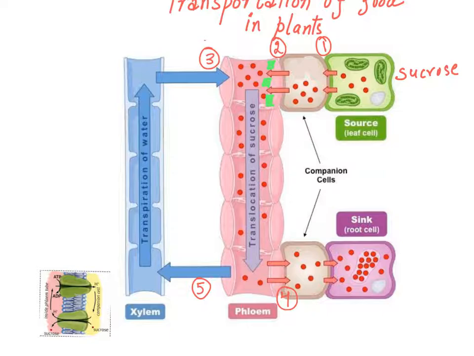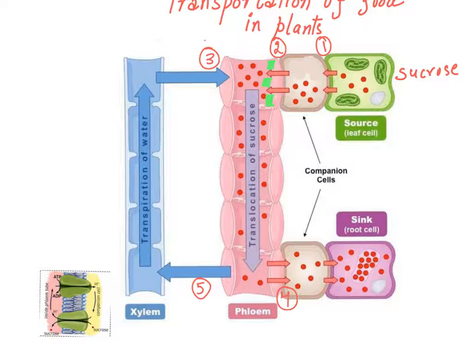That means here the movement is happening from low concentration to high concentration. If movement of a substance happens from its lower concentration to higher concentration, the opposite of what we were discussing earlier, for that we need to spend ATP molecules.